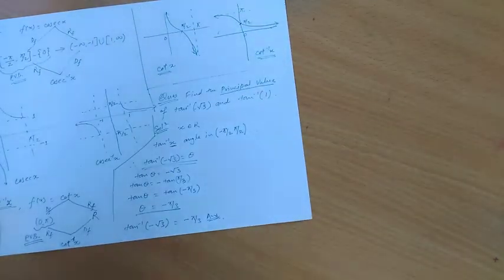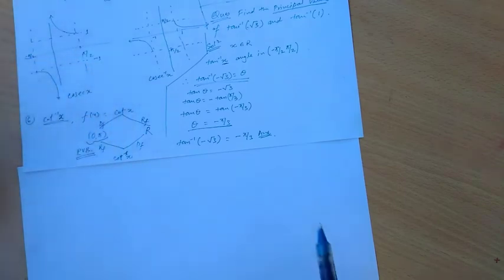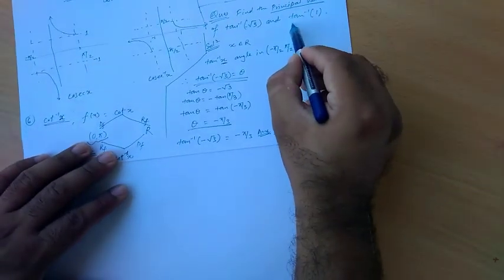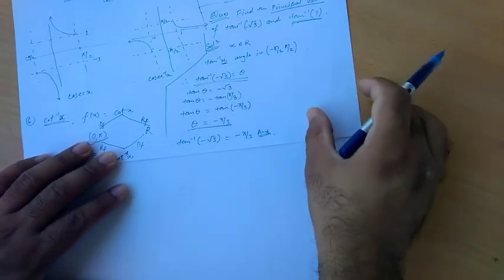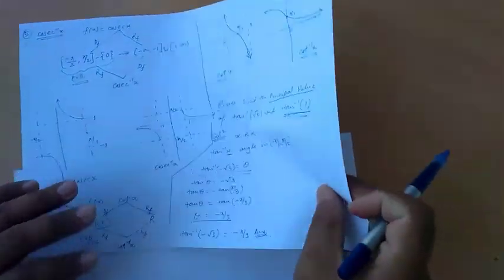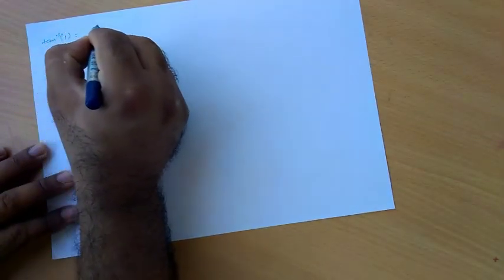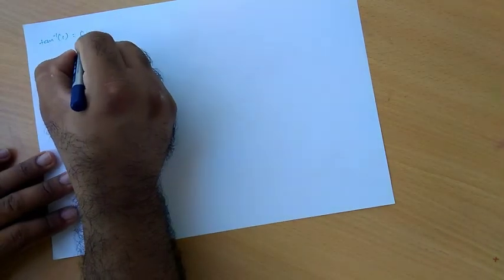Now we'll consider one more shape. I hope you can see this. We have to find tan inverse 1. So let tan inverse 1 be equal to theta.